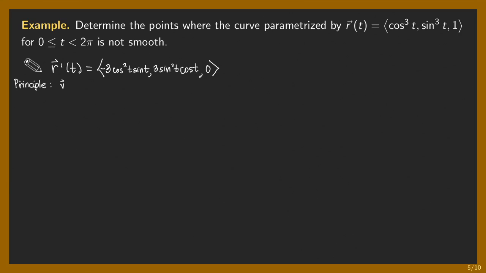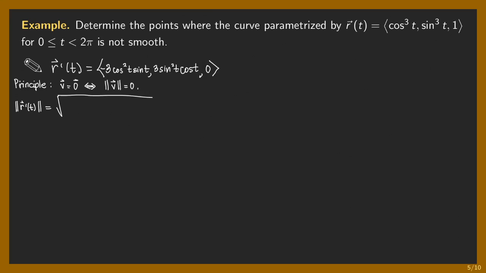We know that a vector is 0 if and only if its norm is 0, right? So in our case, if I take the norm of the derivative, what do I get as the norm?